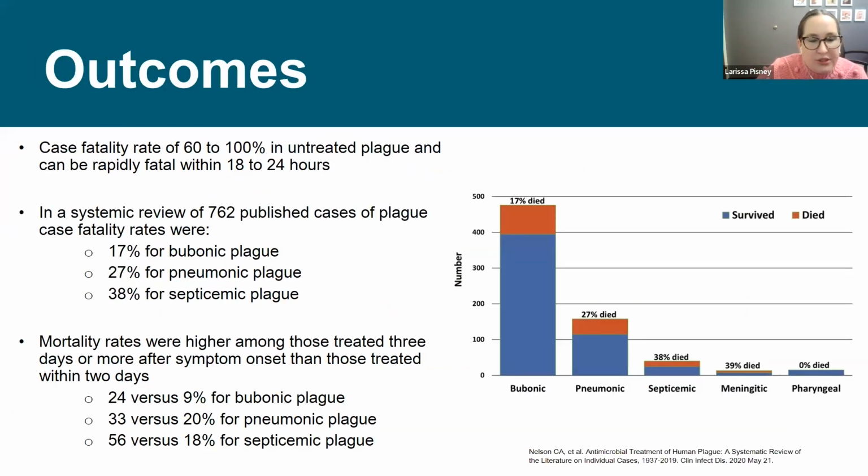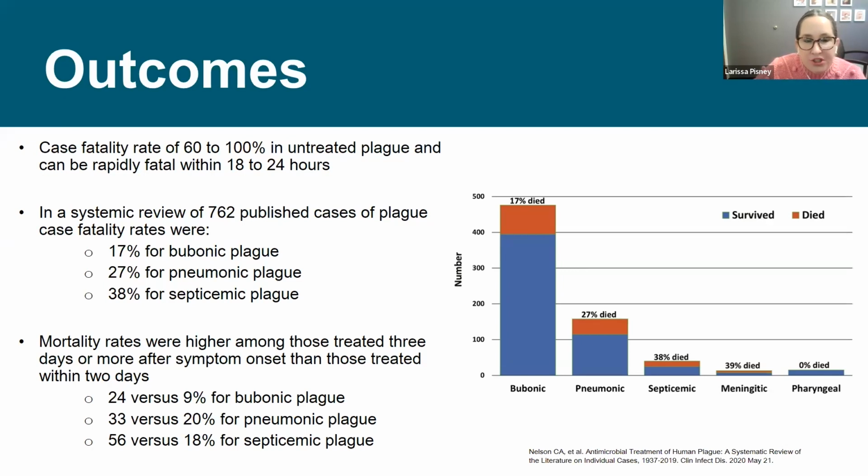I think it's very important to highlight just how deadly this illness can be. The case fatality rate for untreated plague, there's wide ranges in the literature, and it can vary by presentation, but ranges from 60 to 100%. In particular, pneumonic plague can be rapidly fatal within 18 to 24 hours if individuals are not started on appropriate treatment early.